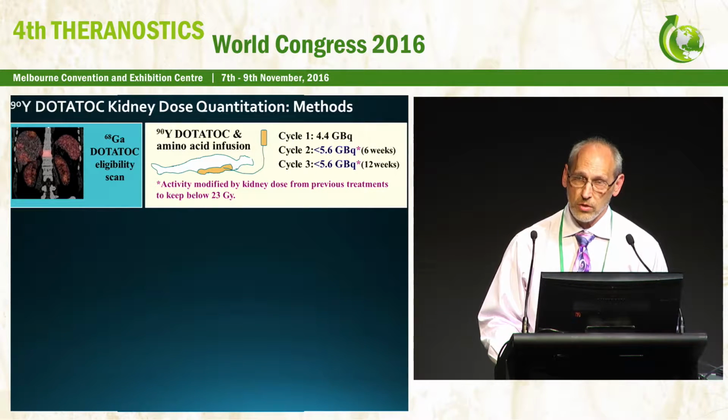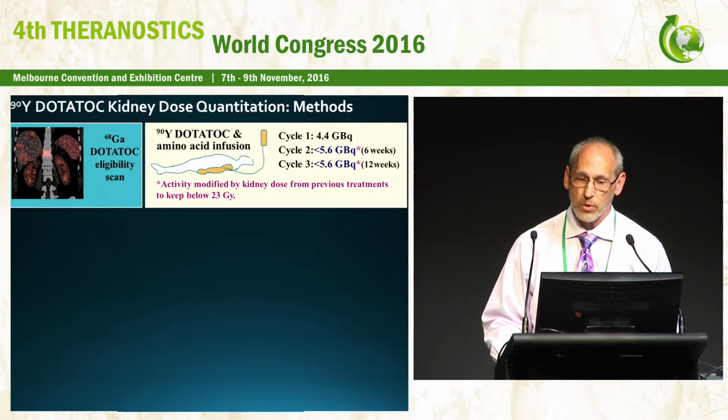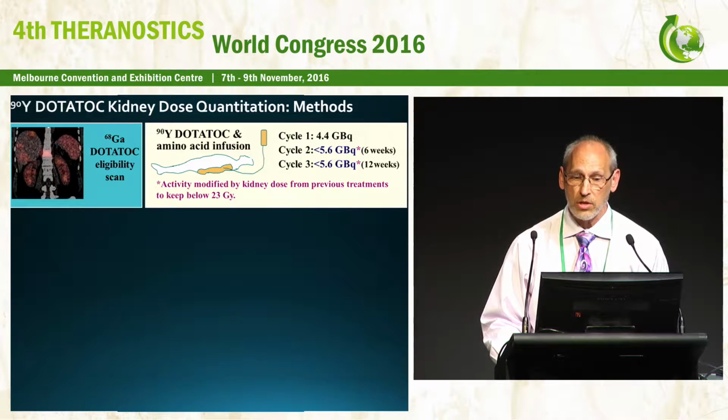And after that first cycle, we then proceeded to do the kidney dose measurements, and based upon that, we either injected more or less on the following in an attempt to get as close to 23 gray to the kidney as possible without going over, although we did have a limit of 5.6 gigabecquerel as the highest, just 20% higher, as this is largely, amongst other things, a safety study.